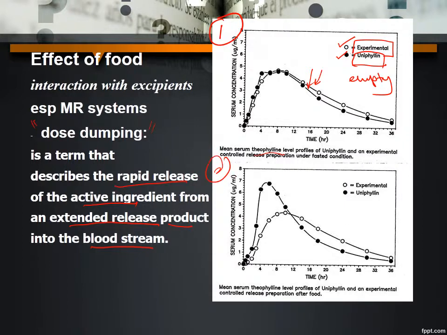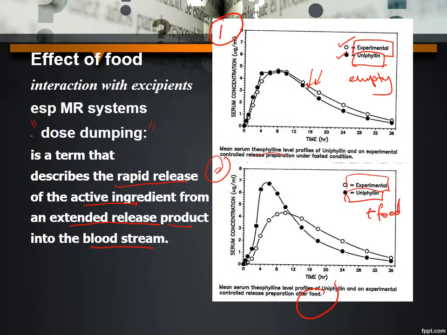However, when we compare the brand and the experimental preparation, we see the effect of food. This graph is after food.